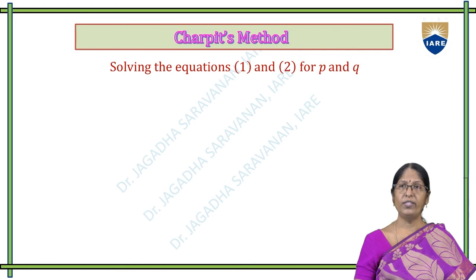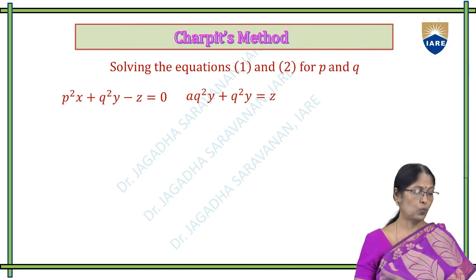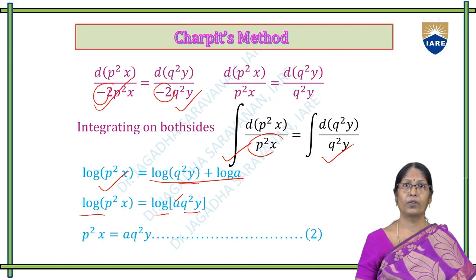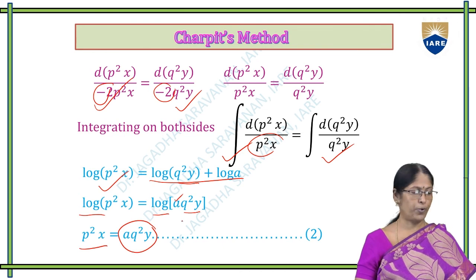Now solving equations 1 and 2, we are going to obtain the values of p and q. So this is our equation. We are substituting what we obtained now, p square x equal to this value we obtained.